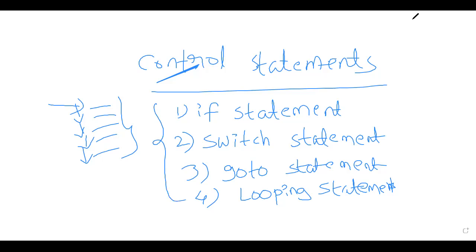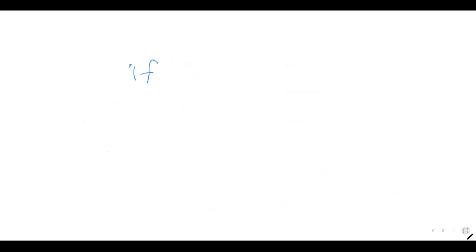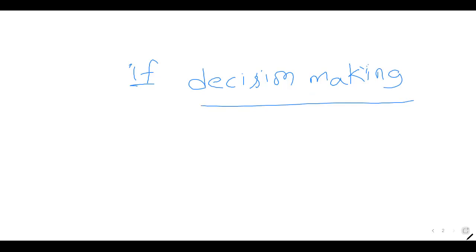So today we'll discuss the if statement. The if statement is one type of control statement which is used for decision making. It's also called a decision making statement, which we discussed in yesterday's class.